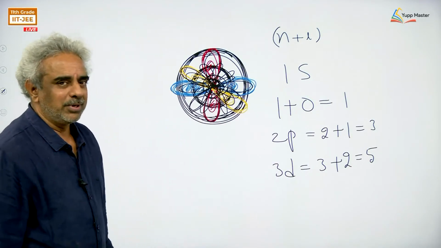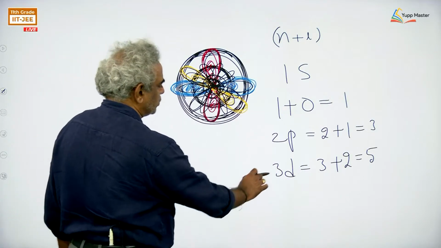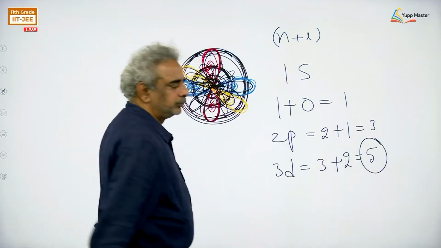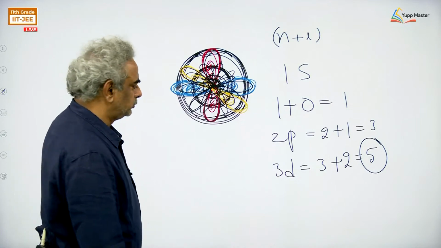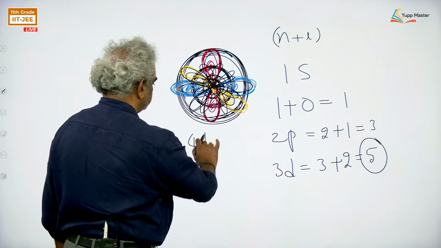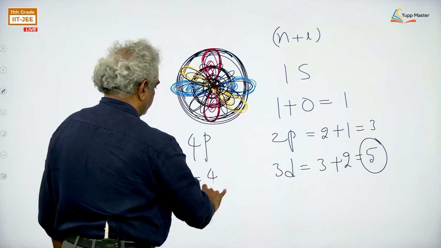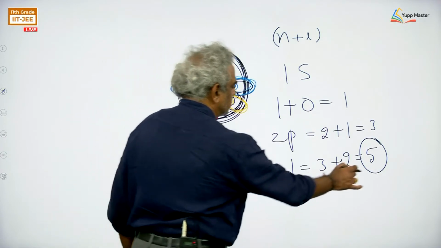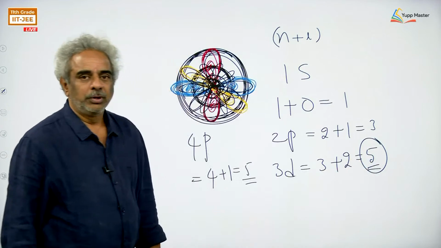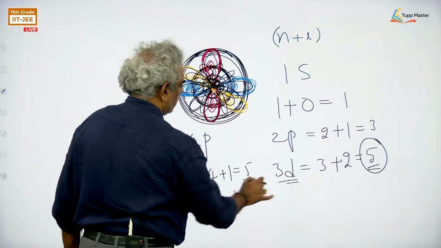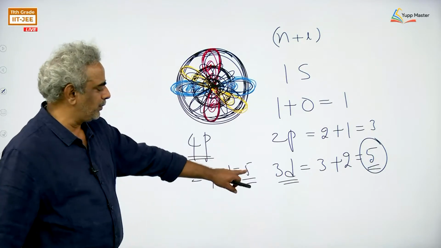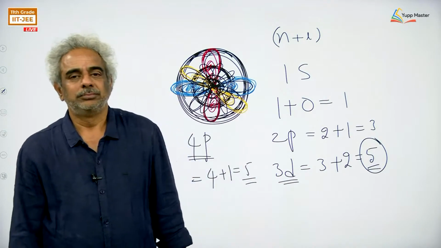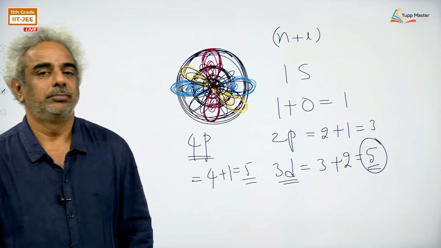There will be some troubles. So 3d, how much did you get? 5. 4p: 4 plus 1, 5. This is also 5. For 3d and 4p, we have the same n plus L value. Then which is more energetic?